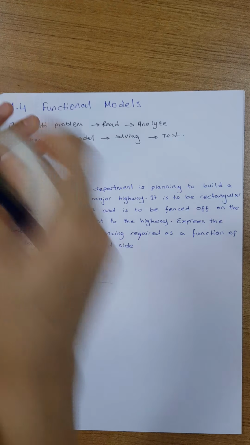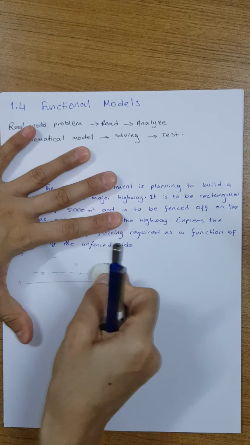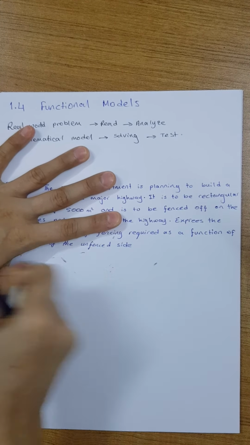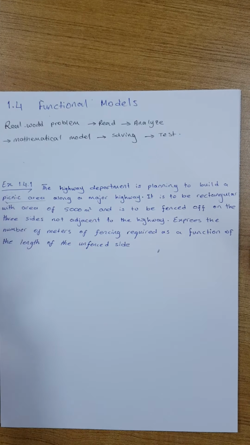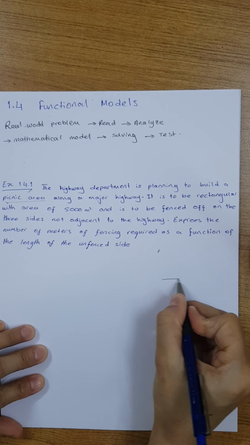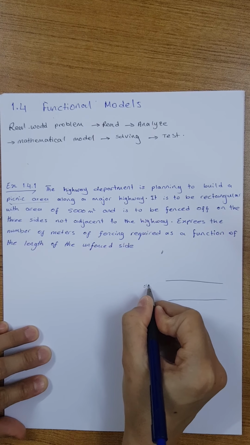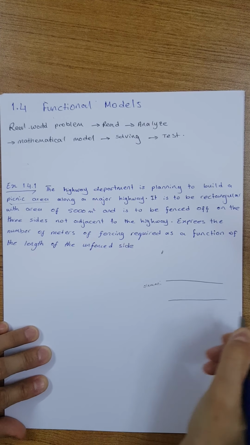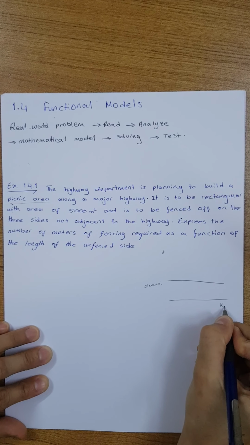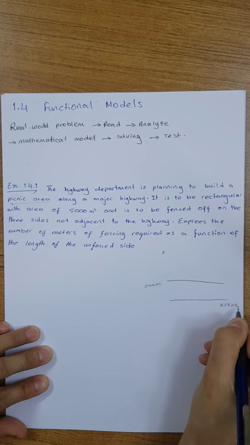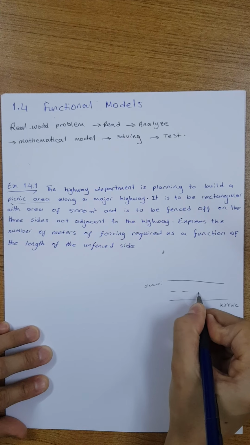Oh, let me bring it more down because I have to also do the picnic area. So here we have got the highway. For example, here is Slimani, okay, and that is Kirkuk. Okay, that's the highway between them.